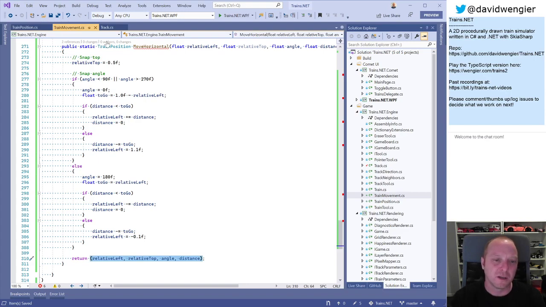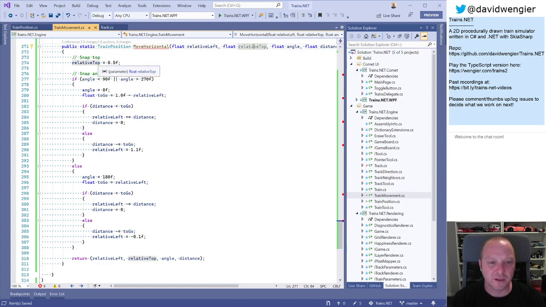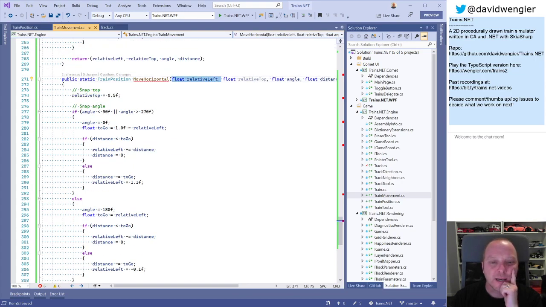Like here, instead of setting these fields here and then... Like what are they saying? Can be removed. Its initial value is never used. Yeah, see, stuff like that. This could take in a train position.